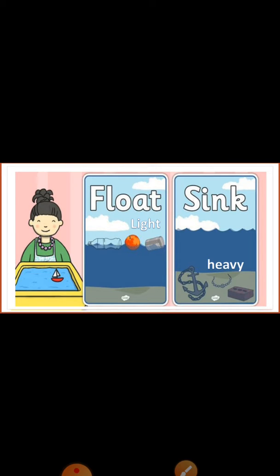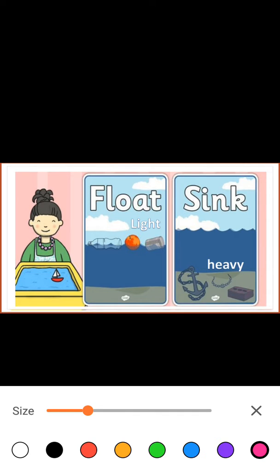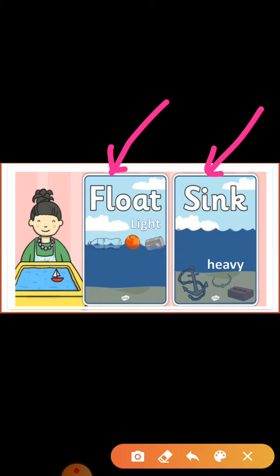We had new vocab last time. We talked about float, sink. We said float, light, sinks. They float up on the water. Sink moves down in the water.